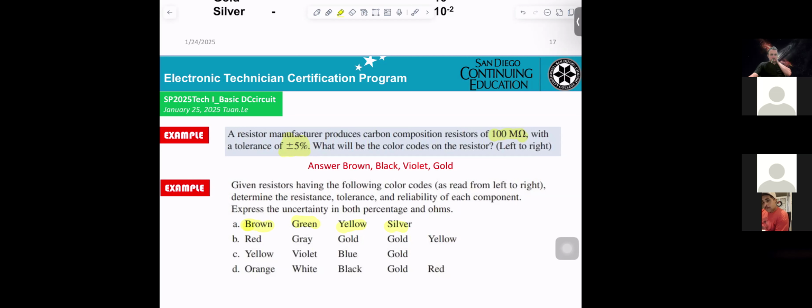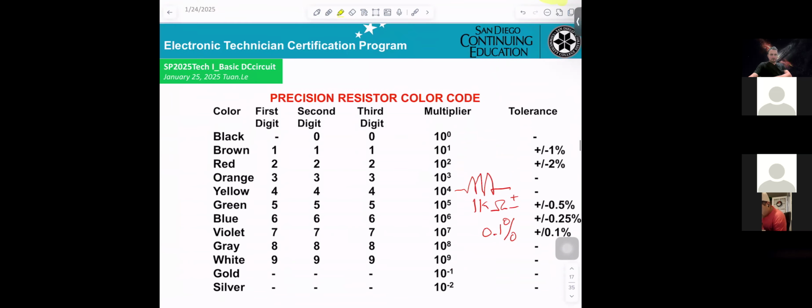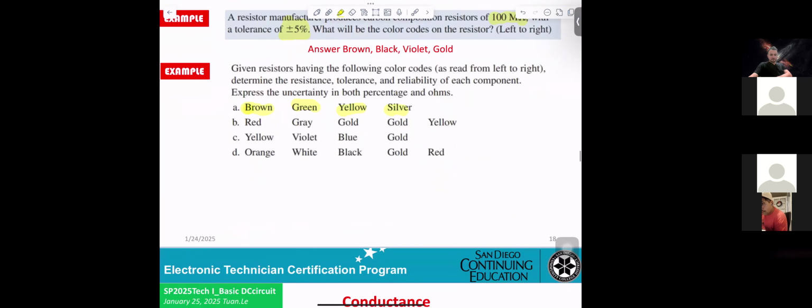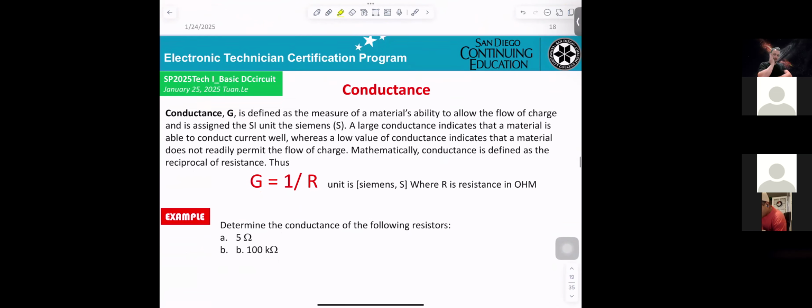You're using the 4-band. And on this number B, they will be 5-band, and you have to see the 5-band precision color. Okay. You have to try, but we do not emphasize getting the value by color code. If I want the value of a resistor, you have to use the meter to get it.